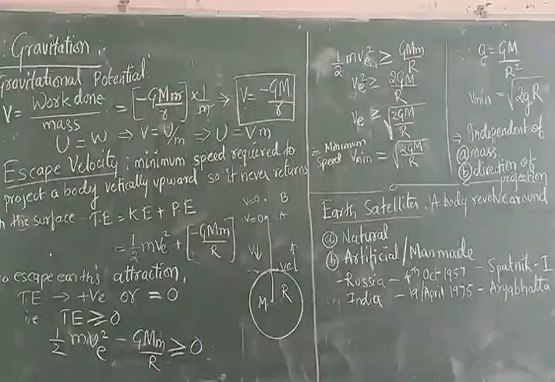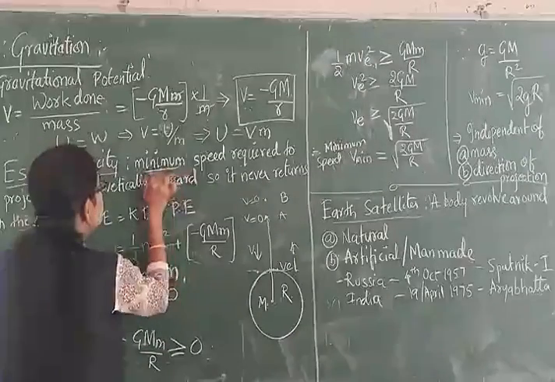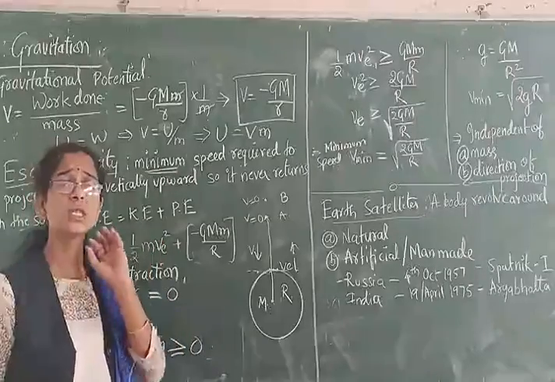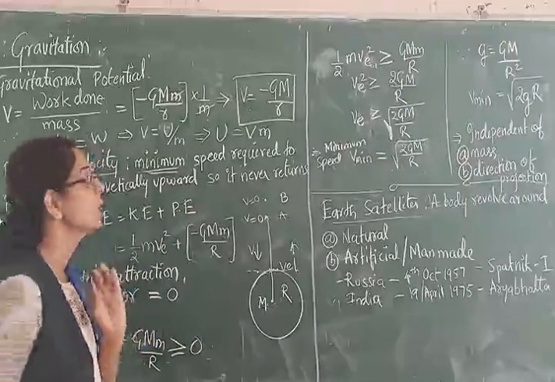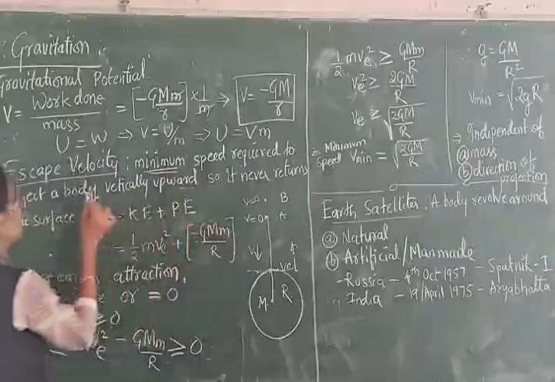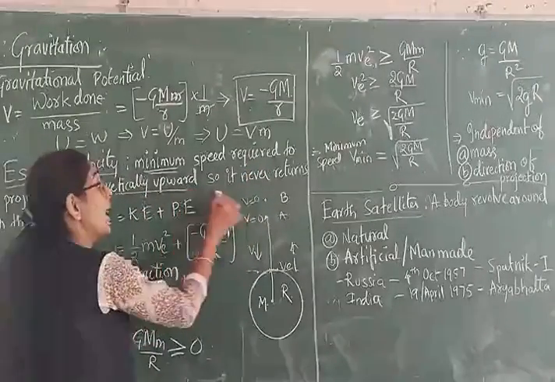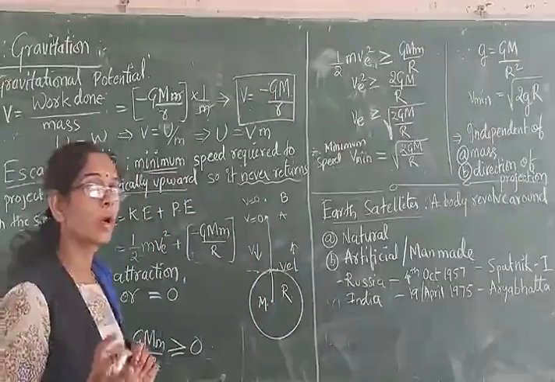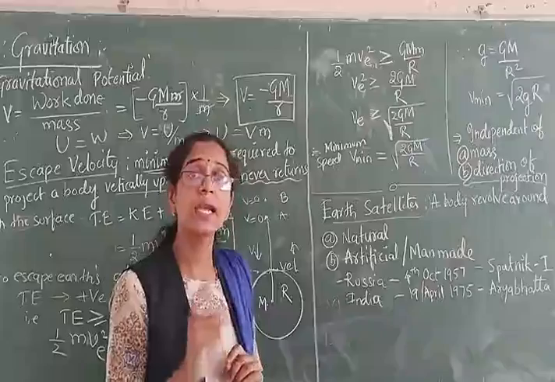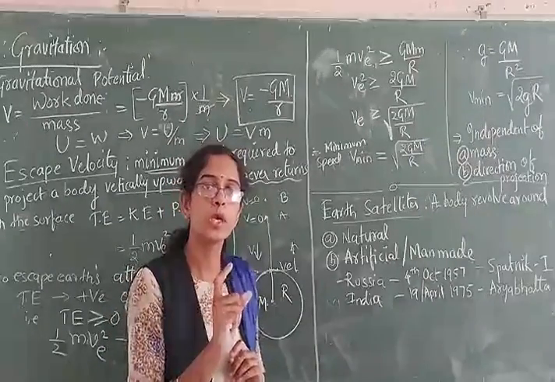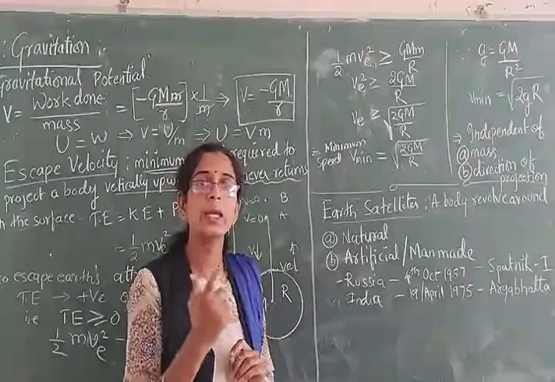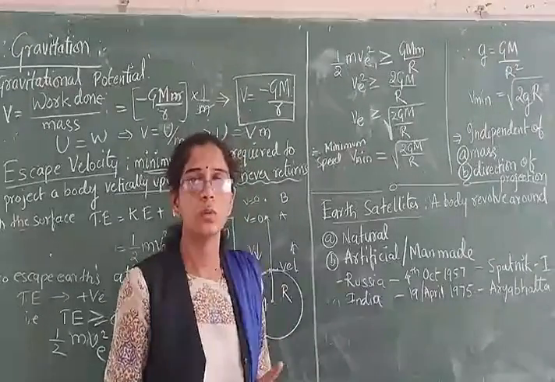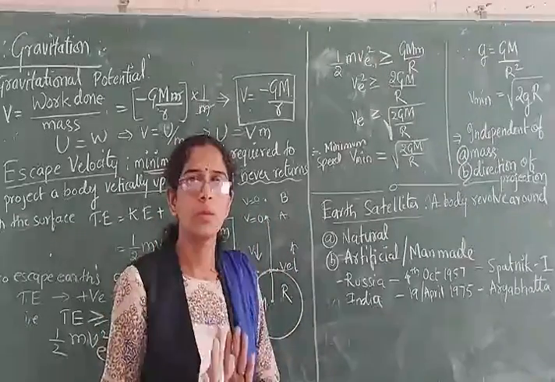So it is the minimum speed required, means sufficient speed applied on the object, so that it will move vertically upward and will never return back. Why does it never return back? Because the gravitational force acting on the object at that particular point will become zero. So when it is not being acted on by any attractive force, it won't return back home, isn't it? It will remain at that particular point.